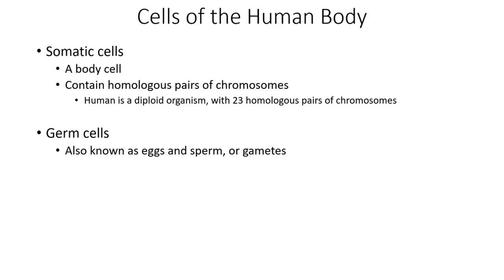These are going to have a homologous pair of chromosomes, which means that there are 2 copies of each chromosome. Humans have 23 different chromosomes, and so when we have those homologous pairs, that gives us 46 chromosomes total. Having these 23 pairs, so 2 copies of each chromosome, makes us a diploid organism.